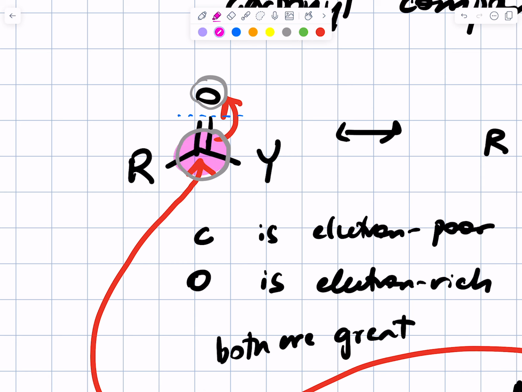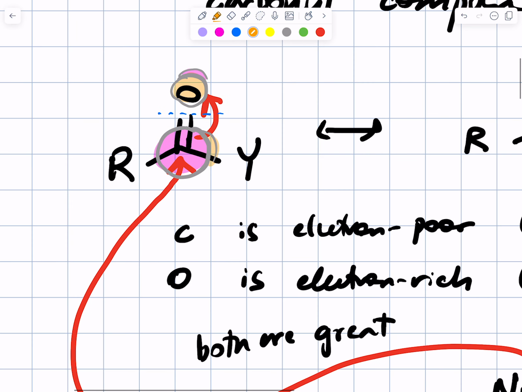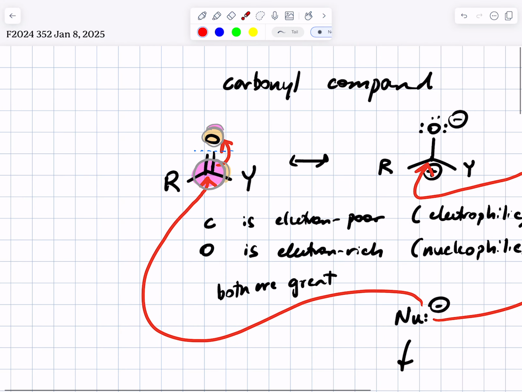We'll make this one pink and then this one orange, and then below the plane of the page there would be other lobes that we can't totally see, but I'm just going to give you a hint of there and there. So when the nucleophile attacks the pi star, it does so at the carbonyl carbon because that's where the pi star mostly is, and then the second arrow is the pi bond's got to break.